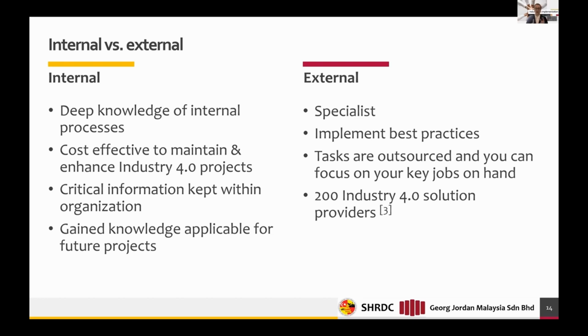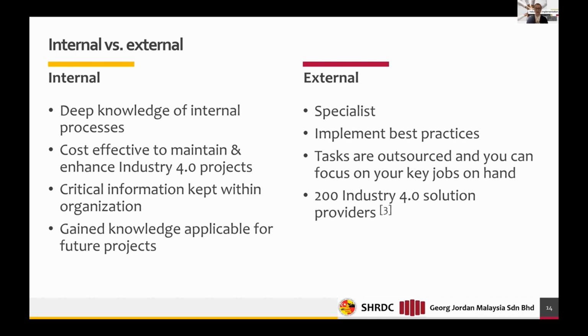Firstly, internal resources always have a deep knowledge of your internal processes, so they exactly know what you have to do. Secondly, if internal resources perform the implementation of Industry 4.0 projects, they definitely can do the maintenance and enhancements for your projects and thus save you significant costs in the long run.